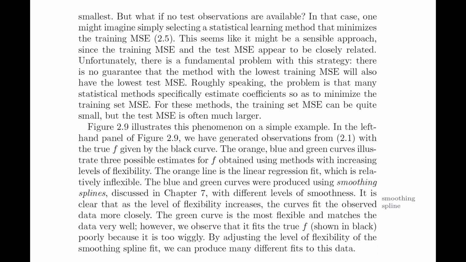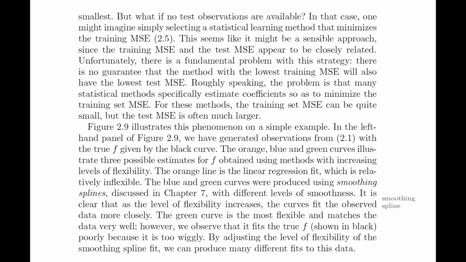If you're only going to consider mean squared error as your way of classifying the effectiveness of the models, you would simply go for the model that has the lowest test mean squared error.